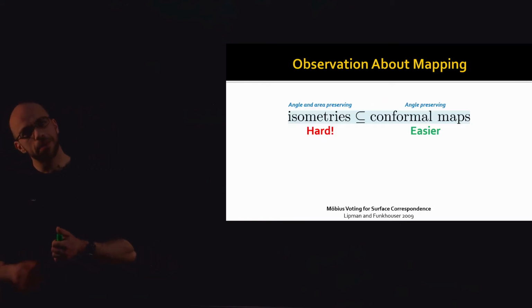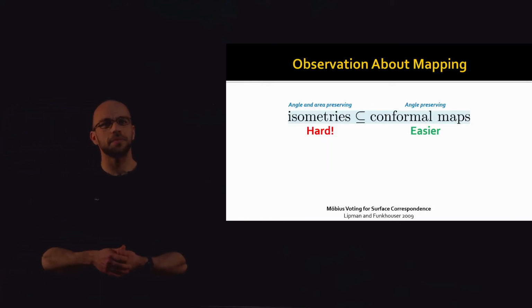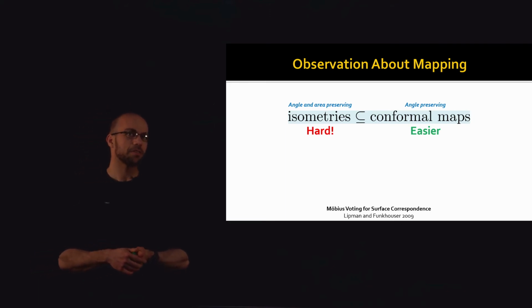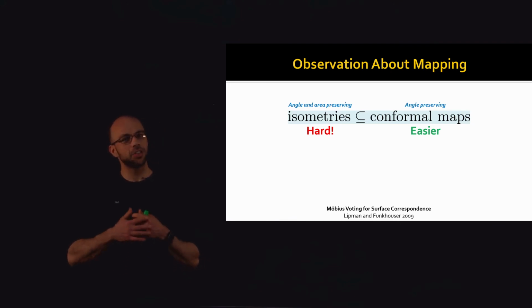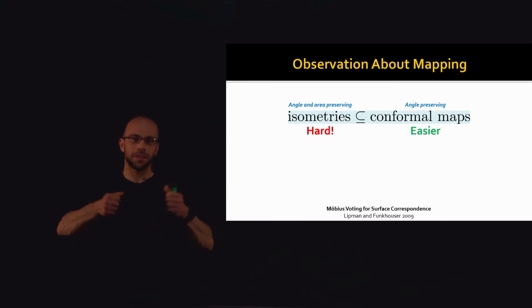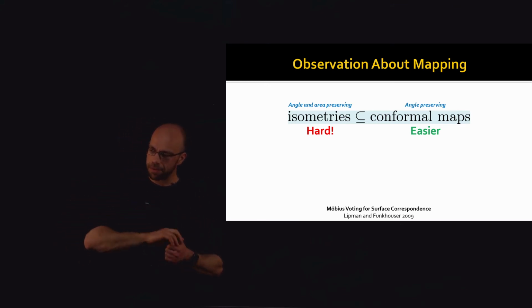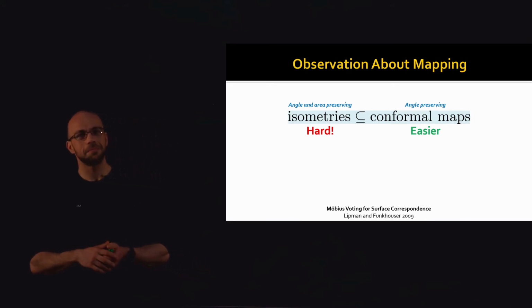One of the popular approaches is to work in the space of conformal mappings. Now, we've talked about isometric mappings a lot in this course. Those are ones that preserve angles and areas. Conformal mappings are ones that just preserve angles, so they allow there to be all kinds of area distortion so long as angles get preserved by the Jacobian of your map.